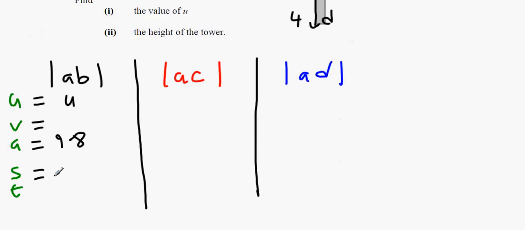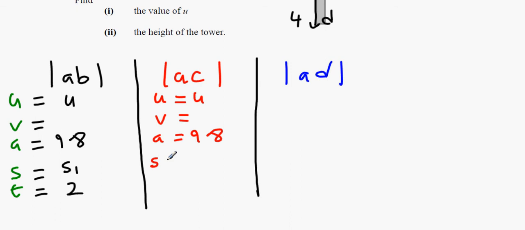The next one, which is AC, we know U is still U. V we don't actually know. We know A is 9.8. Let's call the distance on the first one S1.